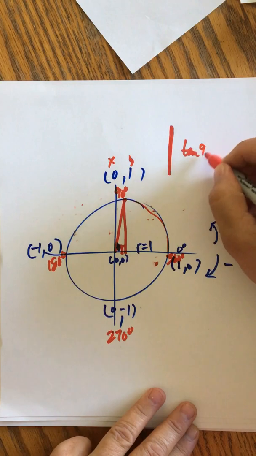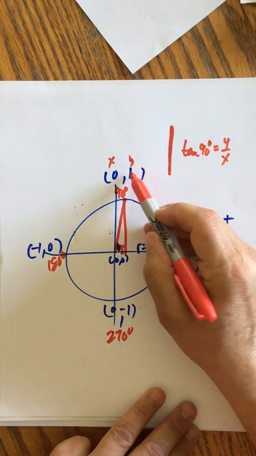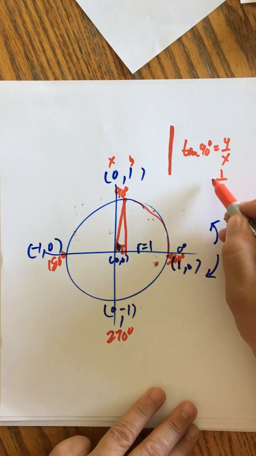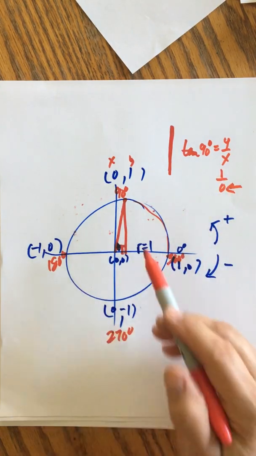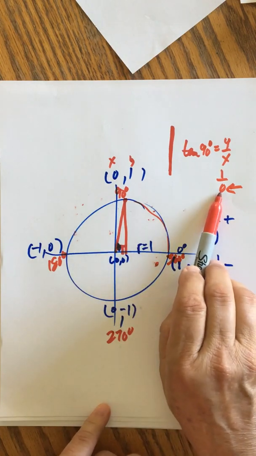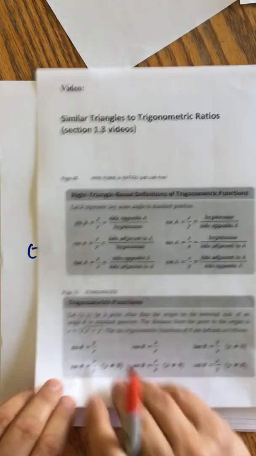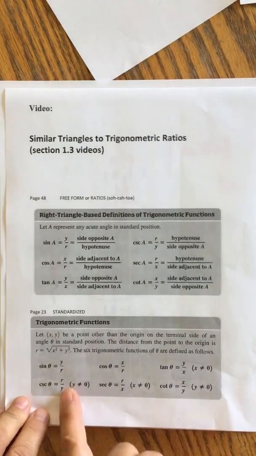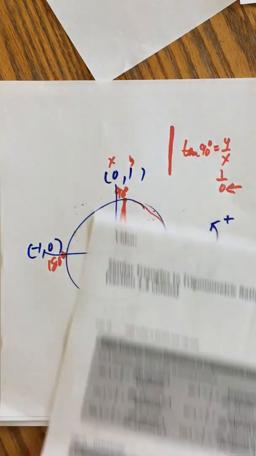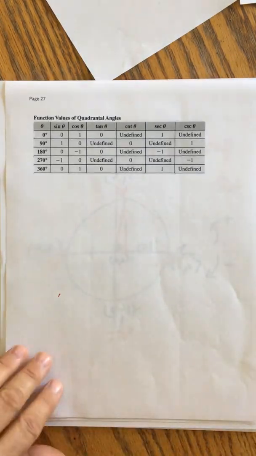Tangent of 90 degrees is defined as the y coordinate over the x coordinate, which would be 1 over 0. It honestly doesn't matter how big or small the circle is, because you're dividing by 0. What are you getting? Undefined, right? So depending on which sides you're looking at, you can see why some of these ratios become undefined.